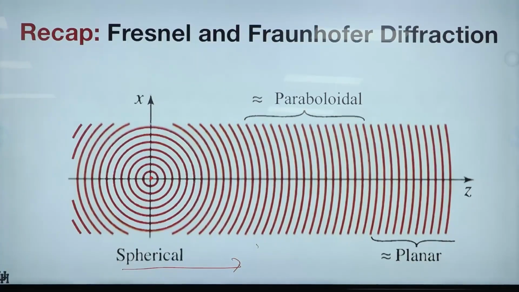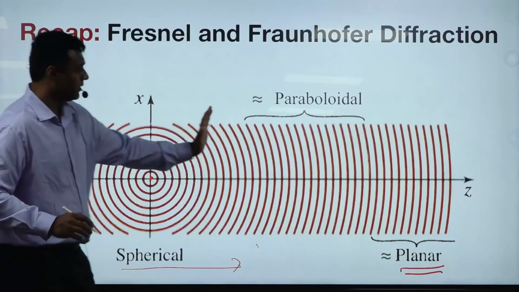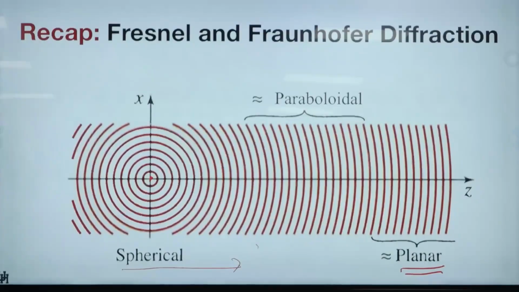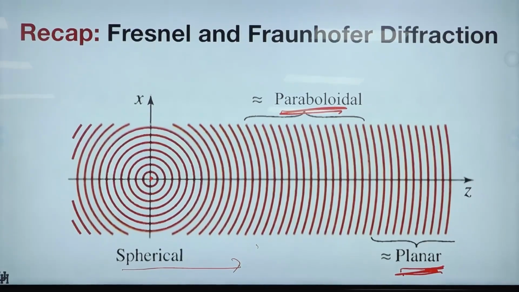And if you go still further, you can think of it as plane waves. This one dot will become a plane wave. So the first one is the Fresnel approximation, and the planar one is the Fraunhofer approximation.